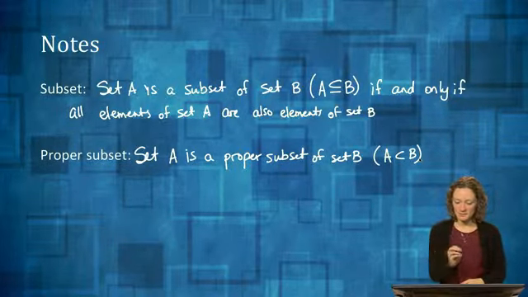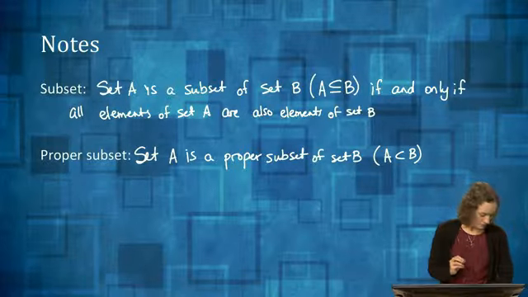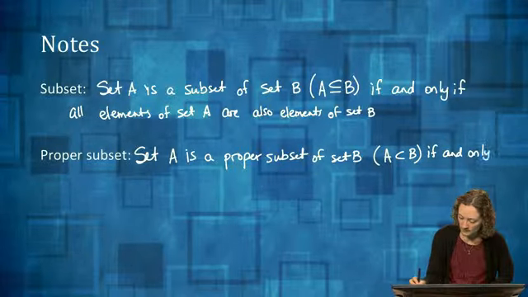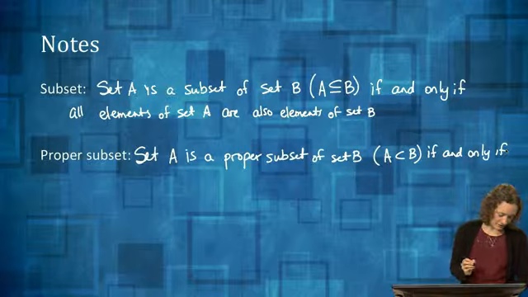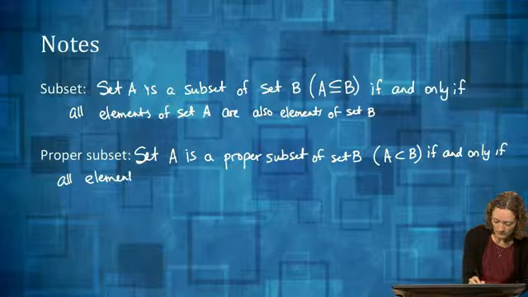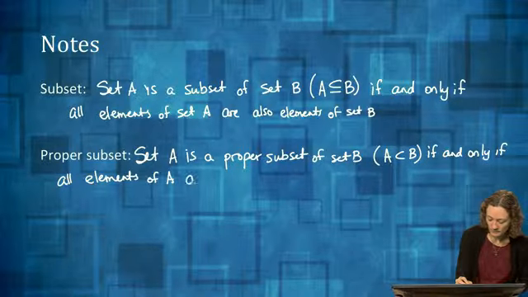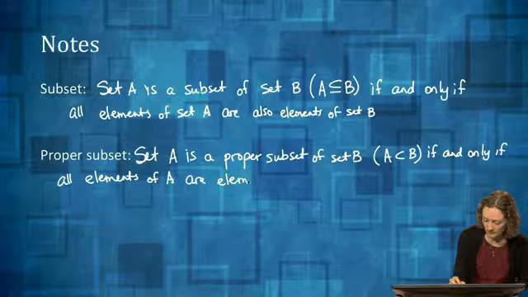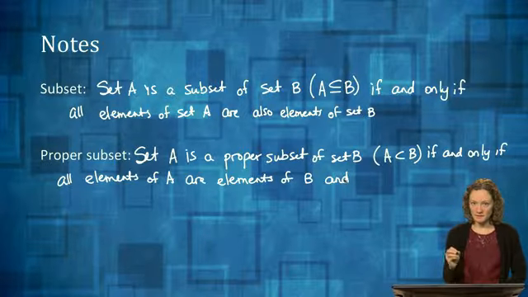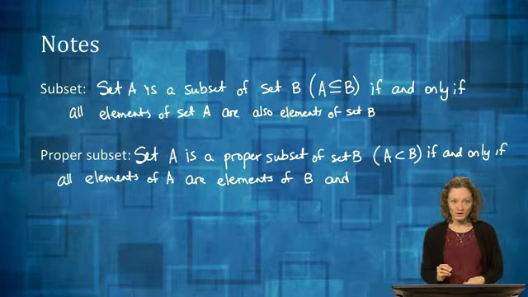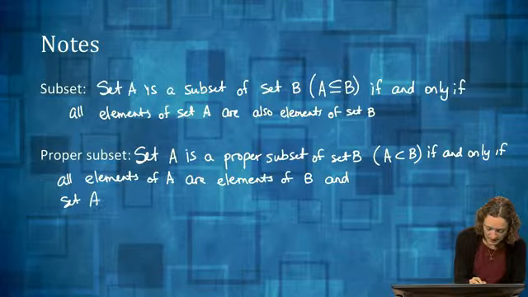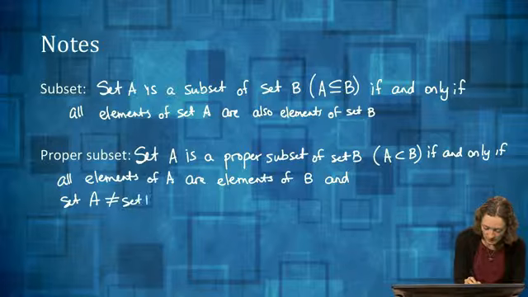Looks kind of like a C, but it's more of a sideways U. If and only if all elements of A are elements of B, so far it's the same definition as subset, but with proper subset, we have one additional component, and set A is not equal to set B.